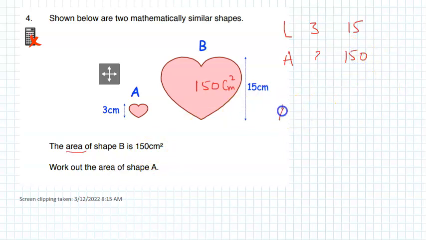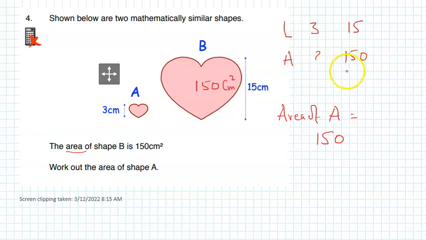Now the area of B is already given, so we have to find the area of A. The area of the bigger figure is 150.